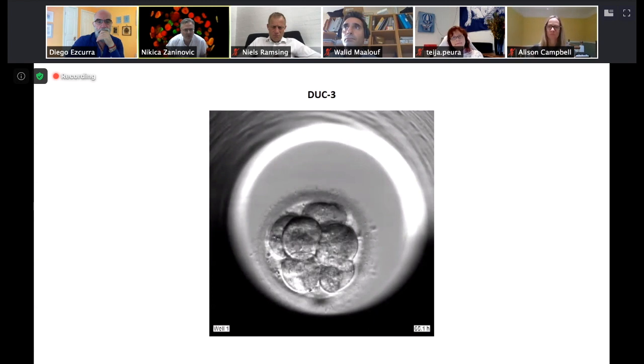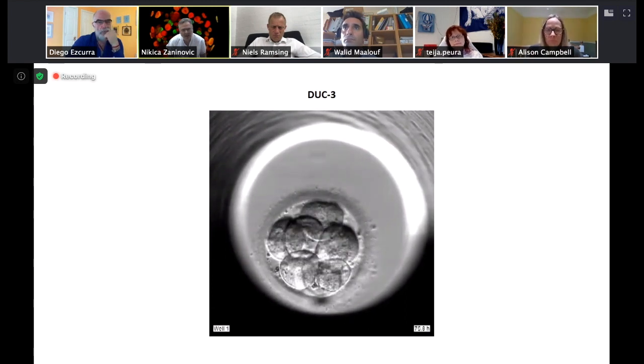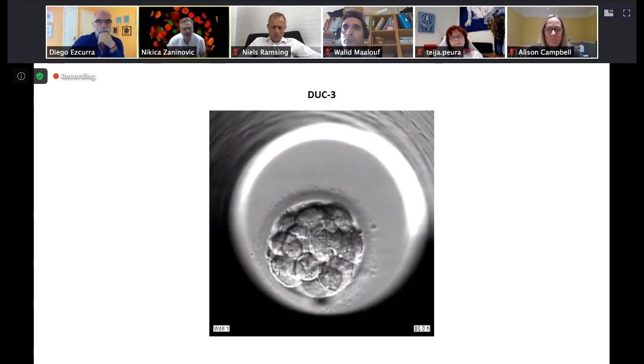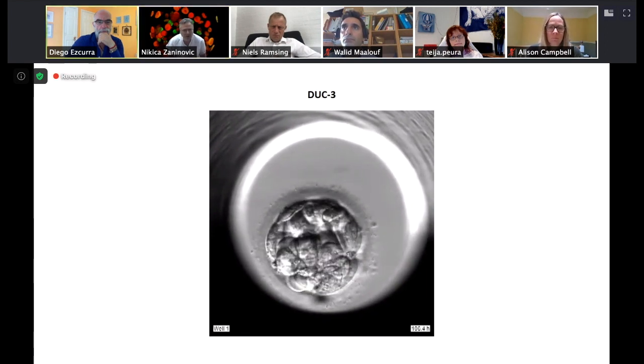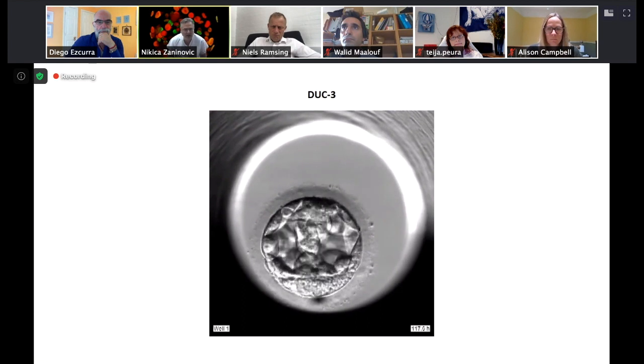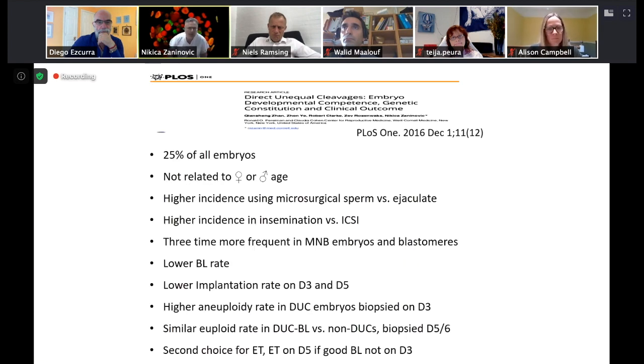So if you look at it further and you move it to the blastocyst stage, you will see that these DUC daughter cells are actually extruded from the embryo development. So they are kind of pushed out, almost like a self-rescue. So we studied that, we published it. I'm not going to go through this much, but it's definitely one of the most negative effects of abnormal cell division in embryo development.